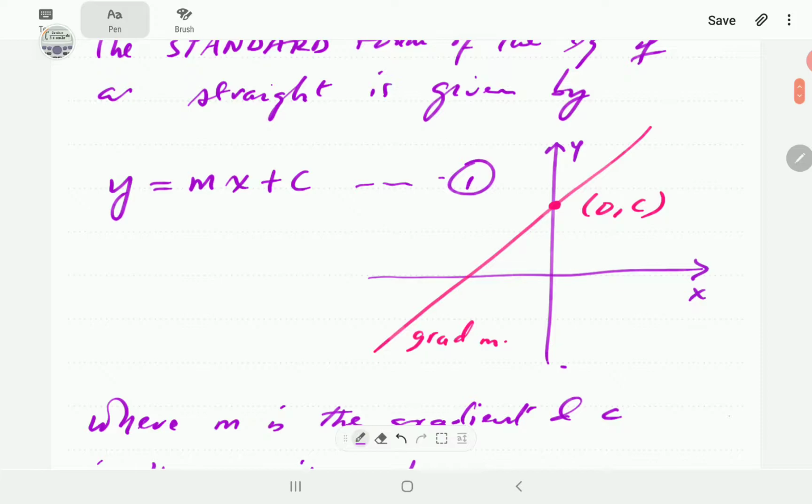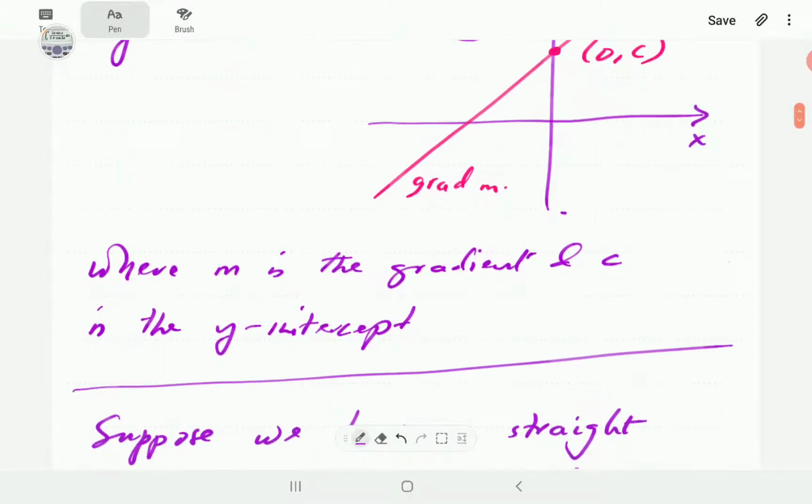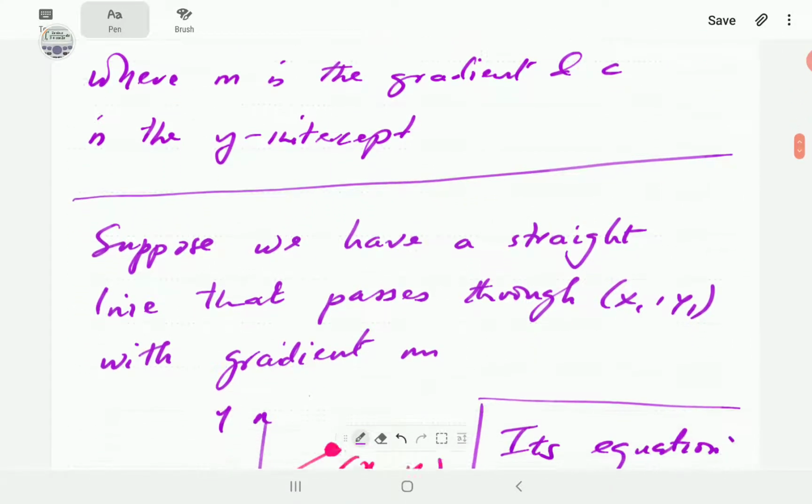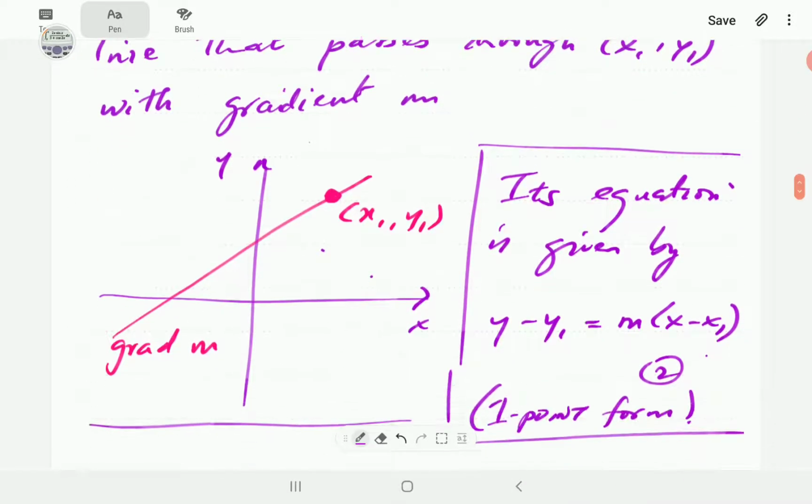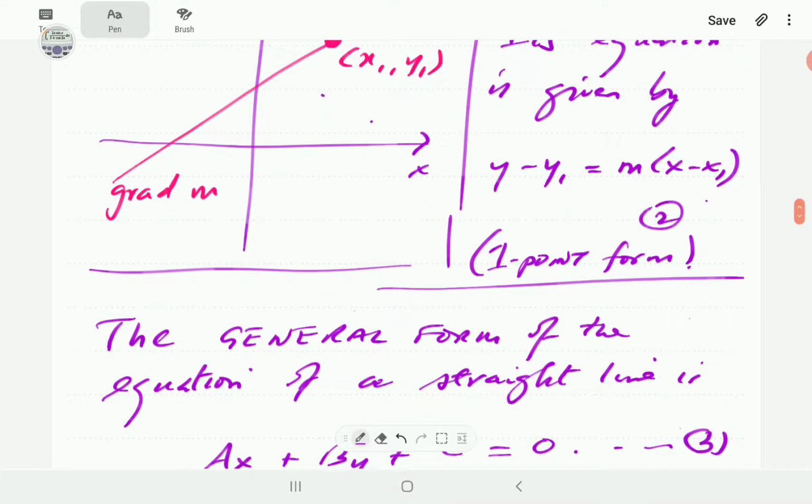All right, so hopefully that explains the thinking behind the equation of a straight line.